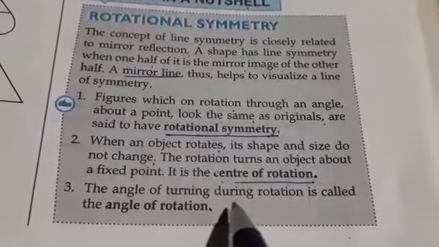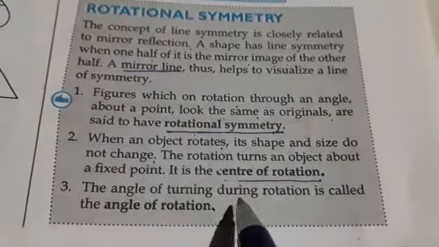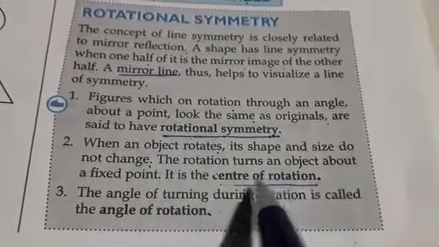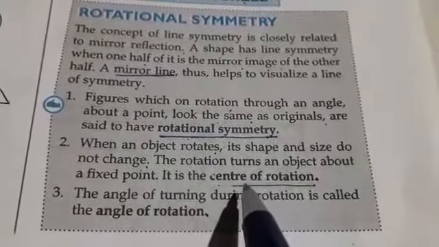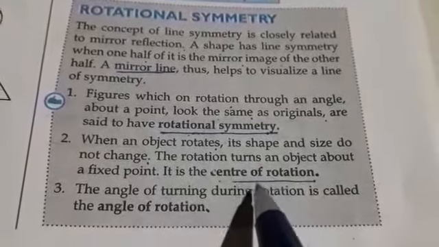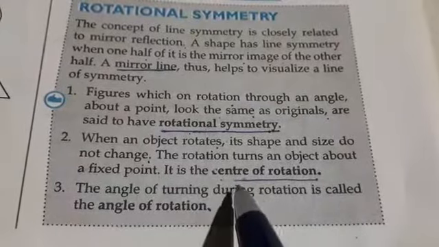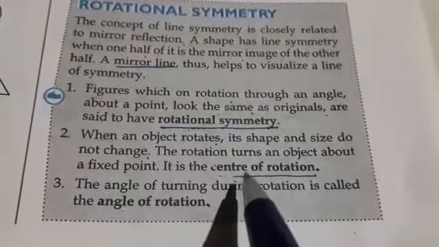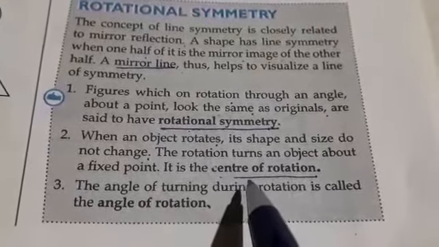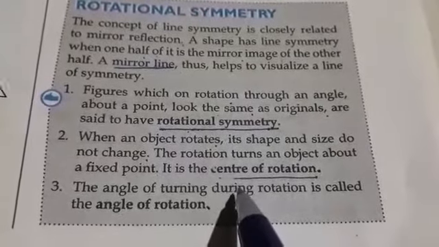When we move any object about a fixed point, the center of rotation, then we find one turn, second turn, third turn, fourth turn, in how many turns it comes to its original position.